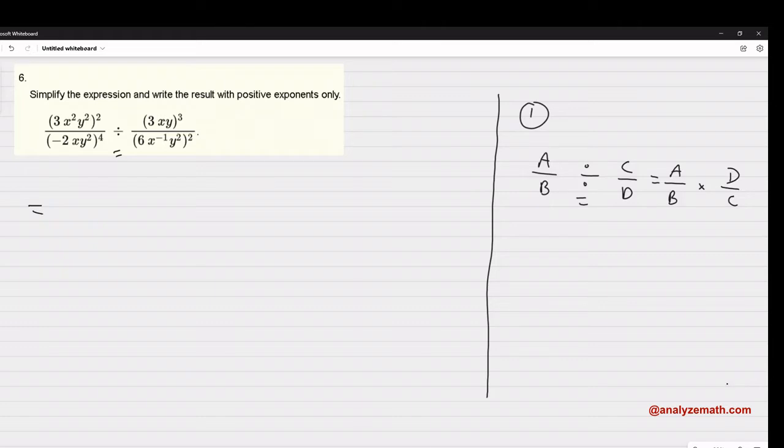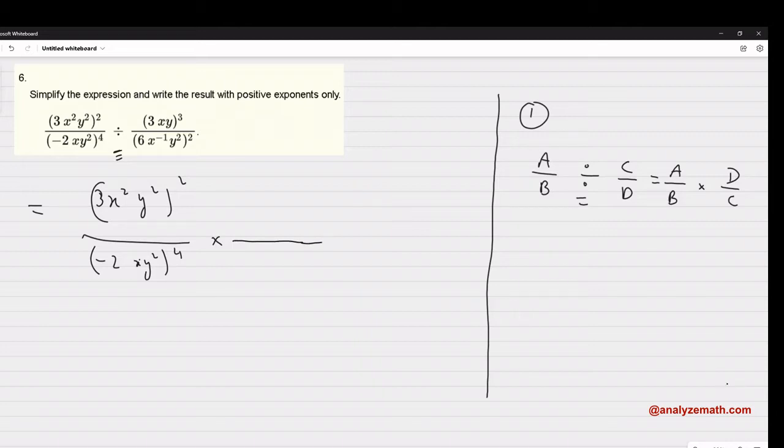So the first thing we are going to do is to rewrite the expression 3x2y2, and then the division becomes a multiplication, but with the reciprocal. What do you do with the reciprocal?